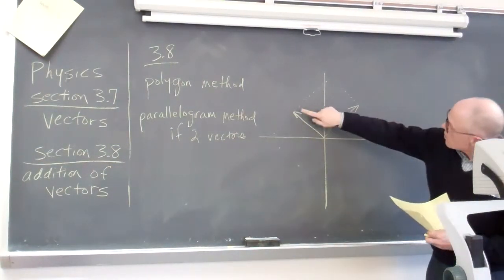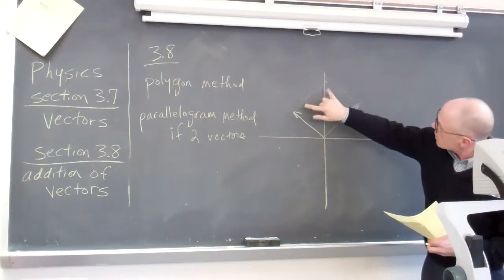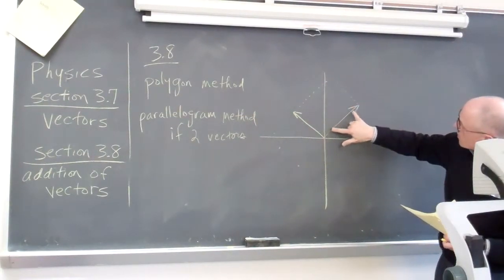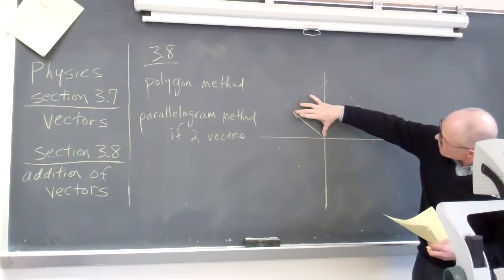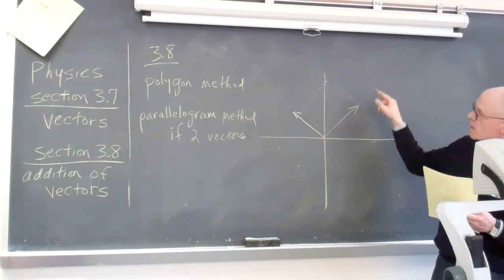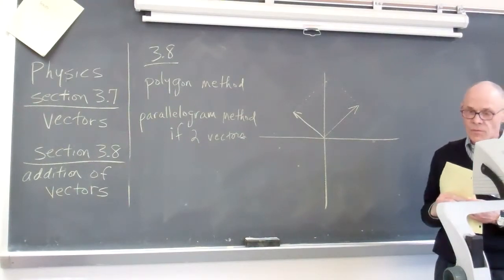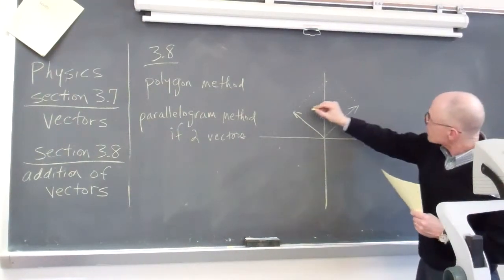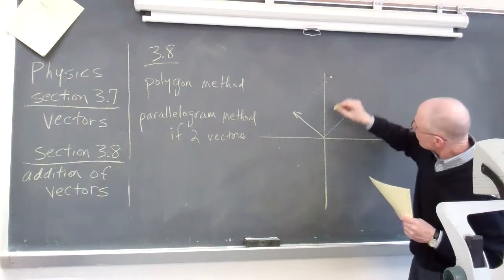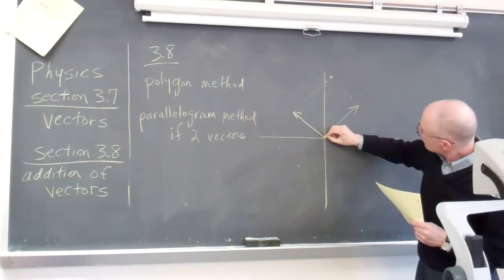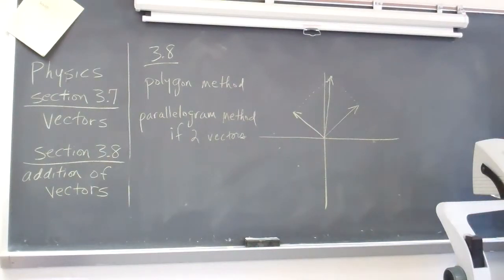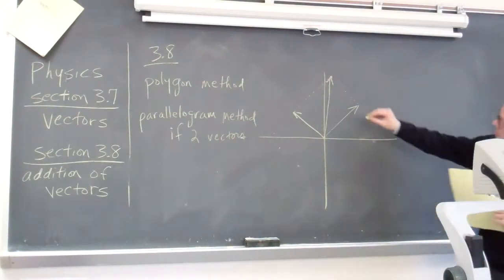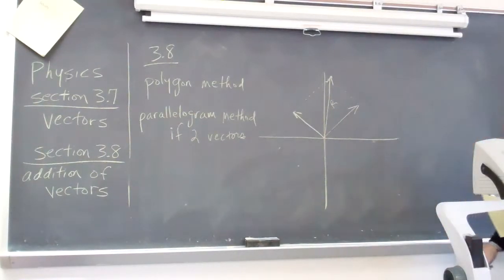So this dotted line is just a copy of this vector, and this dotted line over here is a copy of that vector. So you're completing a four-sided figure. And then your resultant is from your starting point to the opposite corner of the parallelogram that you sketched. That would be your resultant.